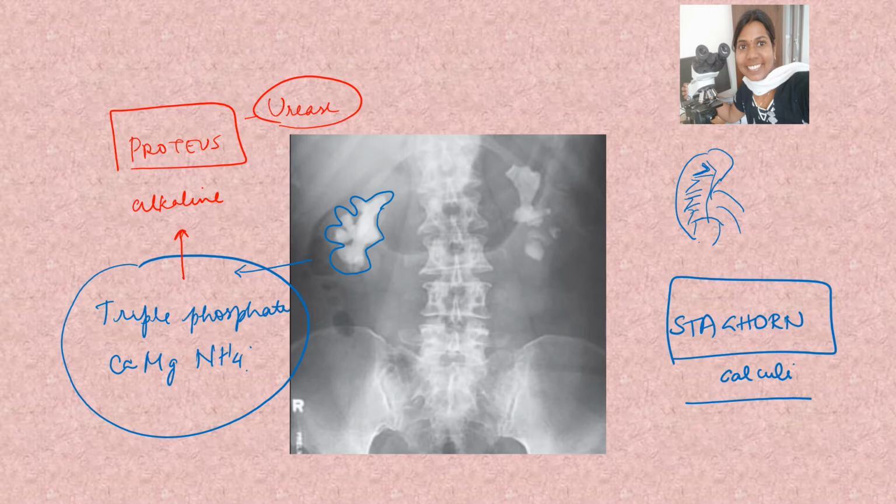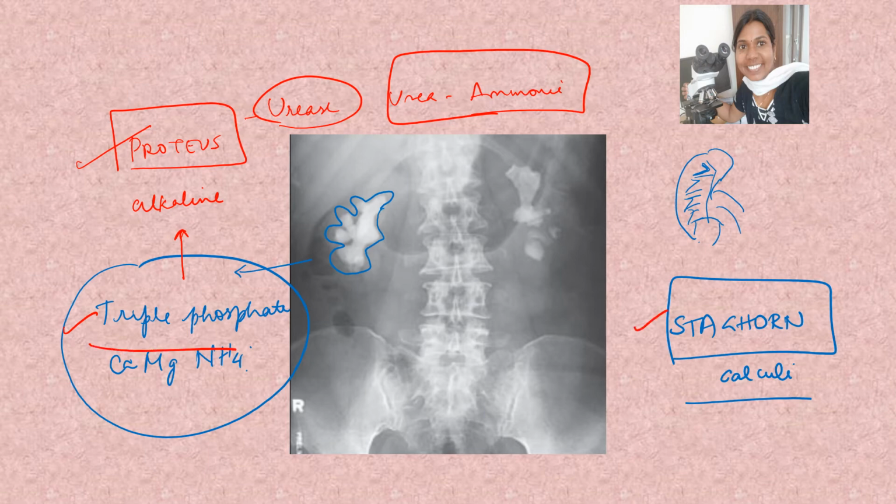So Proteus can produce an enzyme called urease which can cleave the urea to ammonia, right? So what happens? This produces an alkaline urine. Okay, so the urine will be usually alkaline in Proteus infection and it's usually associated with a triple phosphate calculi. So the other name for Staghorn calculi is triple phosphate stone or triple phosphate calculi.